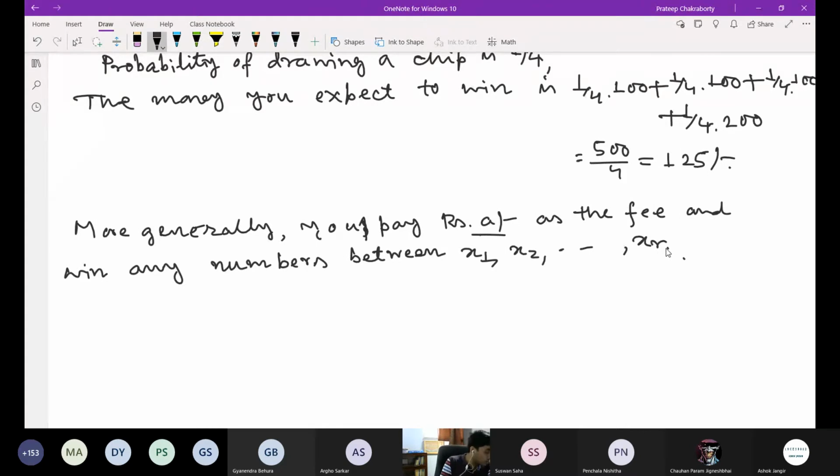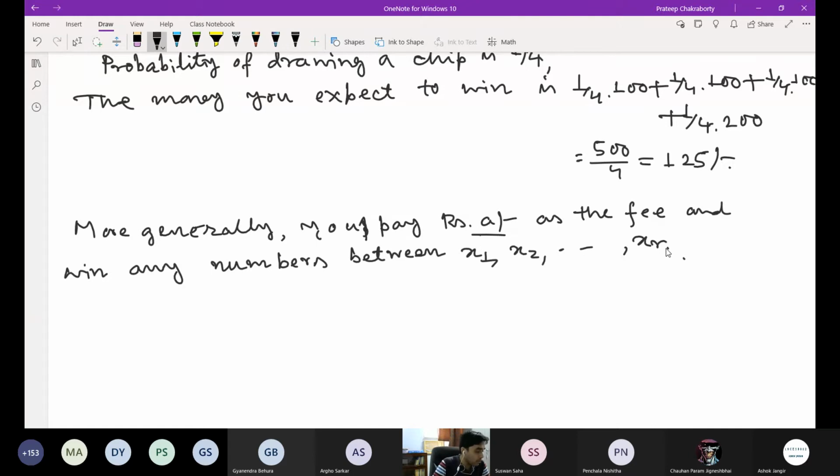And suppose you play only once, it is very difficult to say whether you should play this game or not, because you could get anything from x1 to xn. From that we cannot conclude whether you will get more than rupees A or less than rupees A.